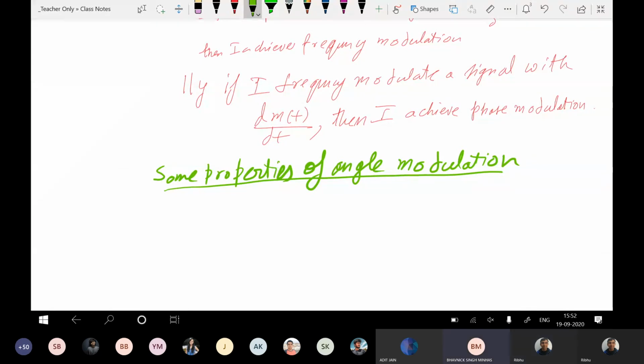So now we look at some properties of angle modulation.